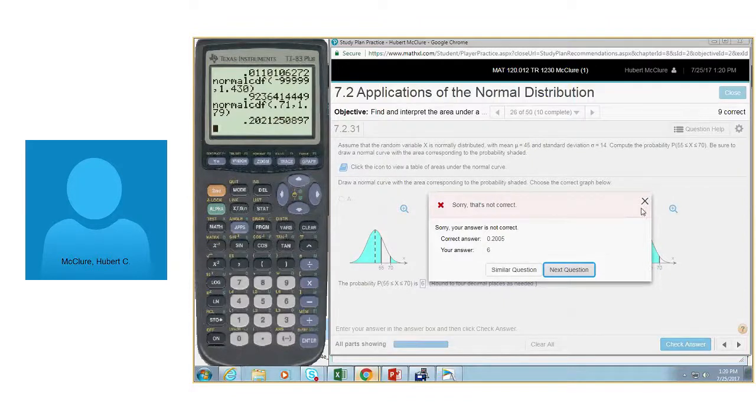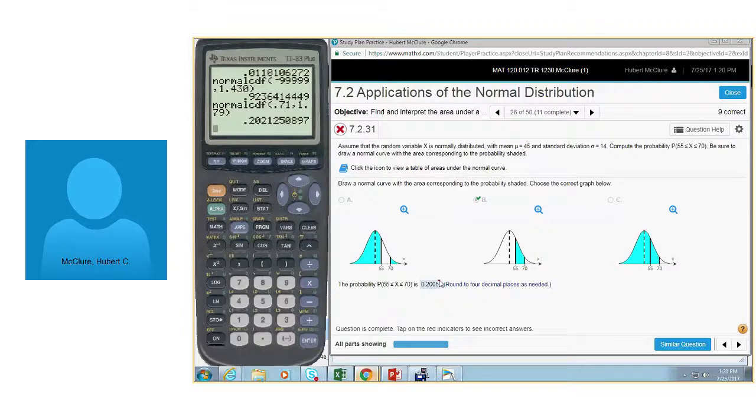Now I'm just going to hit X right here, and hover over this. Everybody look at the answer that's programmed into the computer. Why do they have several different answers? Because of which method you're using, the table or the calculator. That answer is 0.2005.